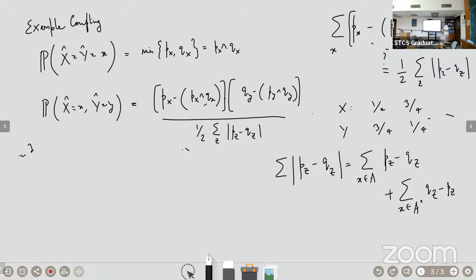The set A is where pz is greater than qz, or at least as large. Now can you proceed?